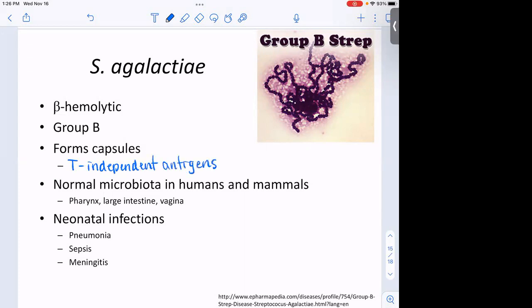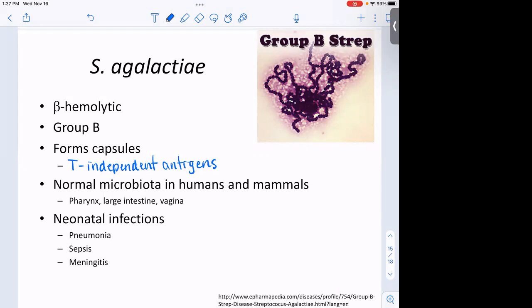So remember, we had two ways that we talked about how B cells get activated. T-dependent antigens require stimulation from activated T helper cells. T-independent antigens are recognized directly by B cells, and then the B cell, just from that interaction, gets activated to differentiate into plasma cells and make antibodies.